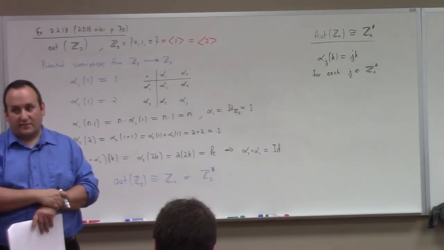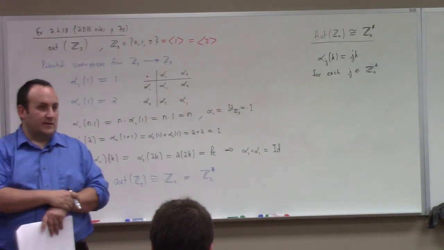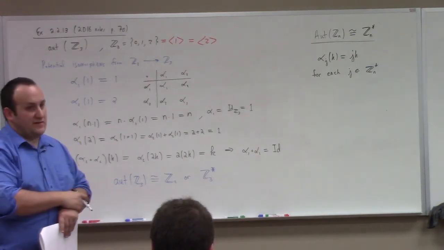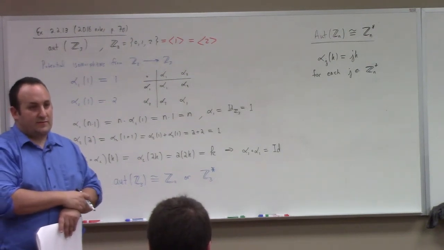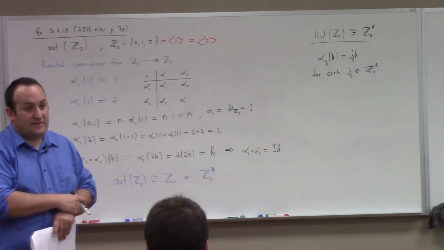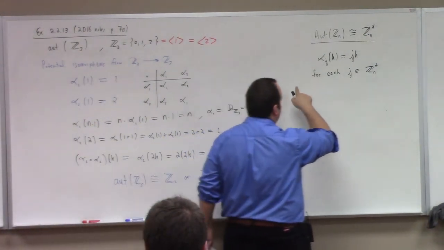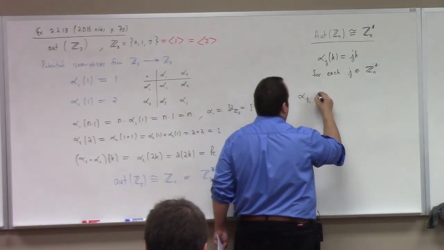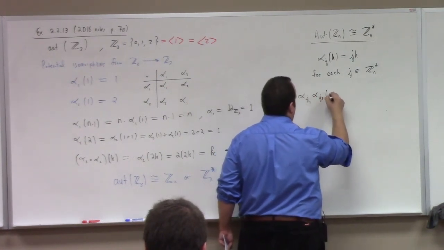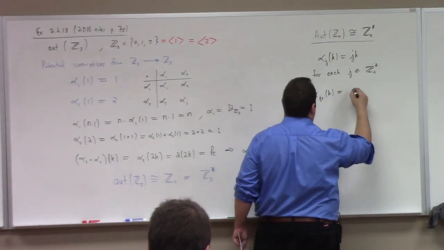What are the generators? And if you think about it, that's all the possible automorphisms, right? Because in order to create an automorphism of Zn, you have to send generators. What are the generators of Zn? They're the elements that are relatively prime to n, the things in Zn star. And if you take alpha sub j1 composed with alpha sub j2 of k, what do you get?